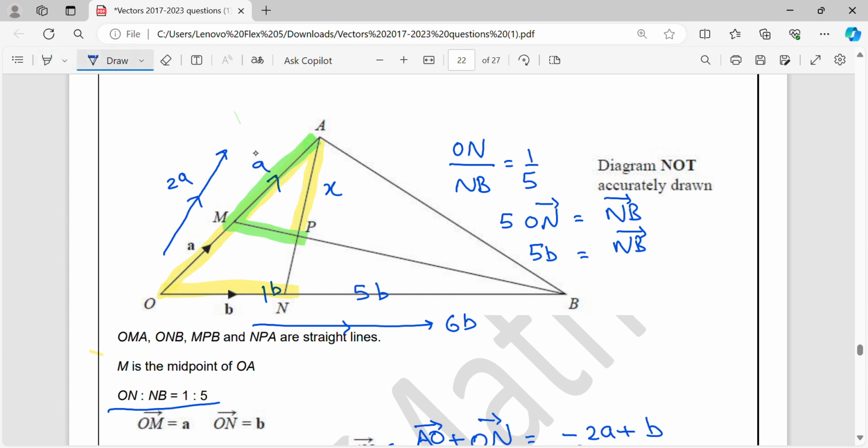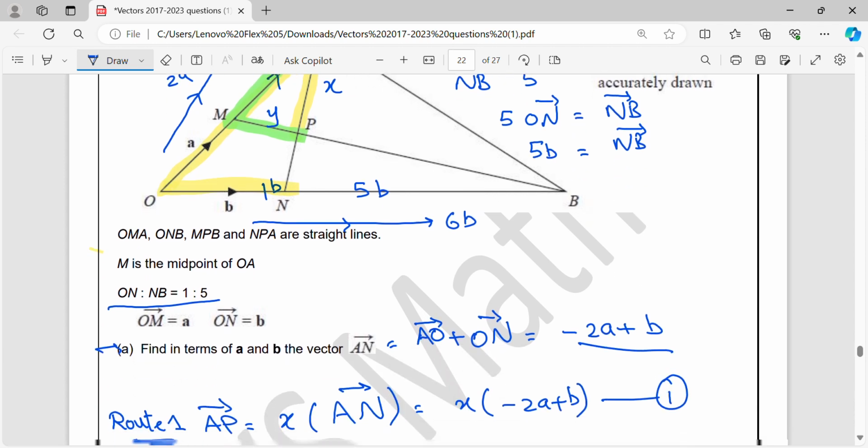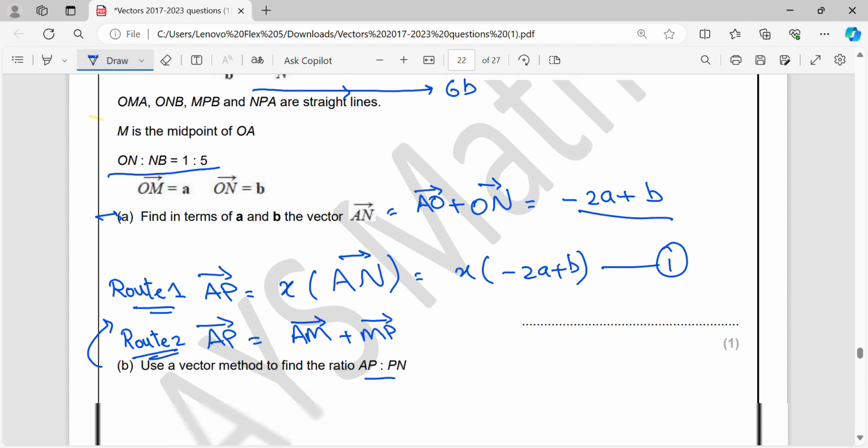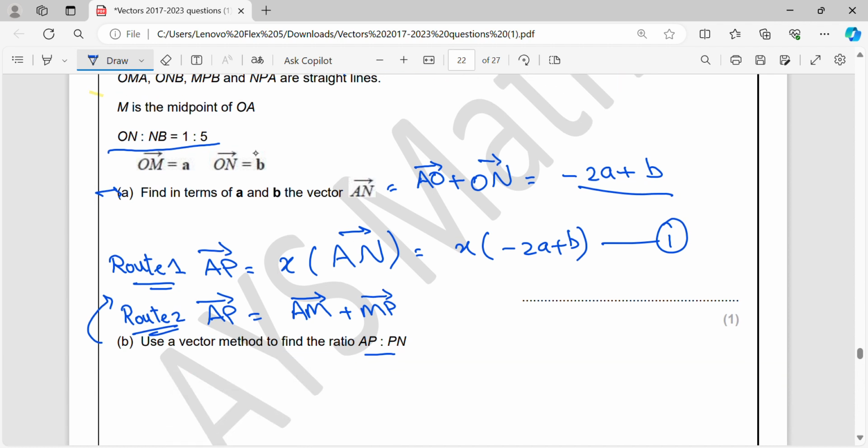MP I don't know, but I can assume this length is some fraction, Y, of the total length, and the total length here is MB. So AP is AM plus MP, and AM is negative A, not negative 2A, because it's the opposite direction, plus MP.